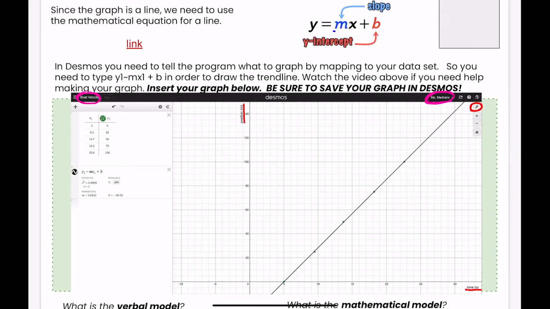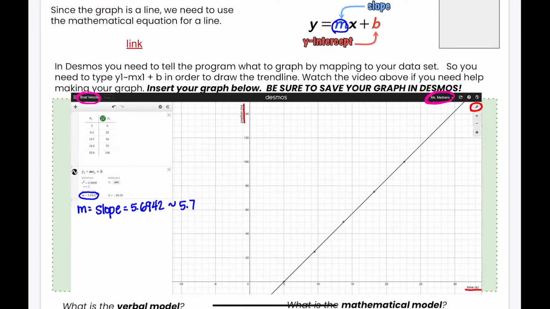So our slope m right here is going to be found here where it says m is equal to. So m, which is slope, is equal to 5.6942, which I'm going to round to 5.7.